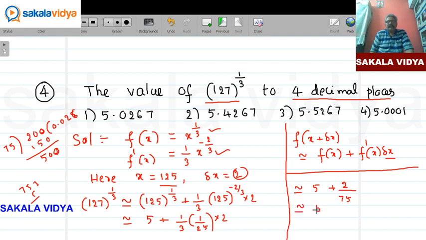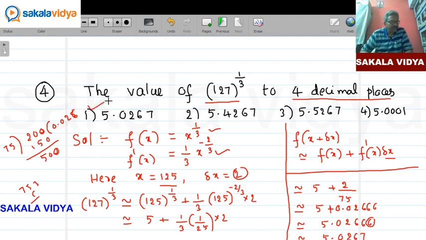That means 5 plus 0.026 is approximately equal to 5.026, with the digit 6 repeating like this, 666. Adjusting to 4 decimal places, add 1 here. So, approximately equal to 5.0267. That means the first option is the right option. First option is the right option.